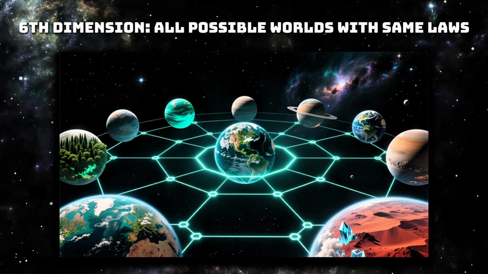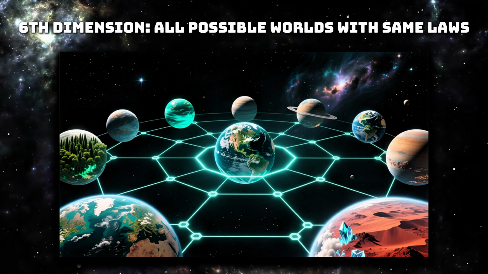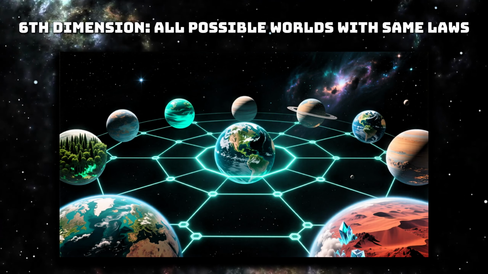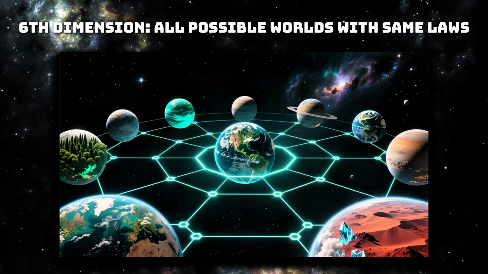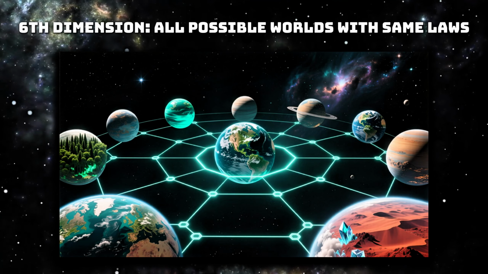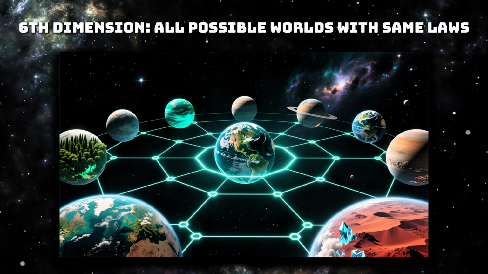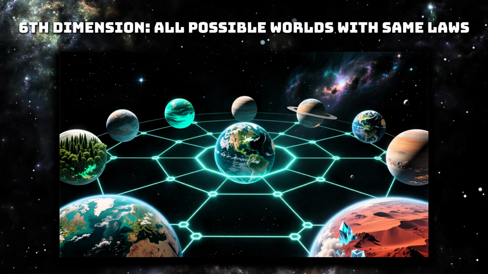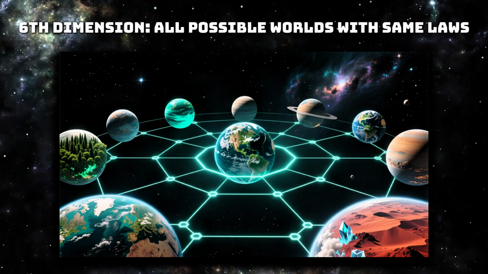Different Earths, different histories. One of the easiest ways to imagine 6D is to picture Earth forming in different ways in different universes. In one version, Earth forms slightly closer to the Sun. In another, it forms earlier or later. Maybe Earth becomes a desert planet, a water world, or a frozen wasteland.